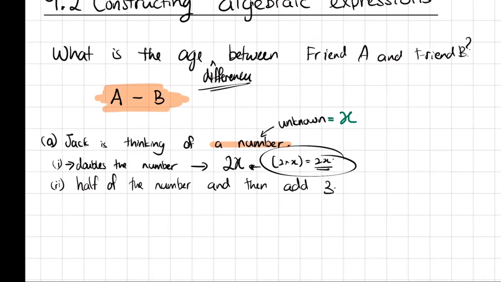We take the unknown number divided by 2 plus 3. If you want to write it nicely, it's X over 2 plus 3. So this is your answer. This is just an expression. You don't get an absolute number, but you get an expression.